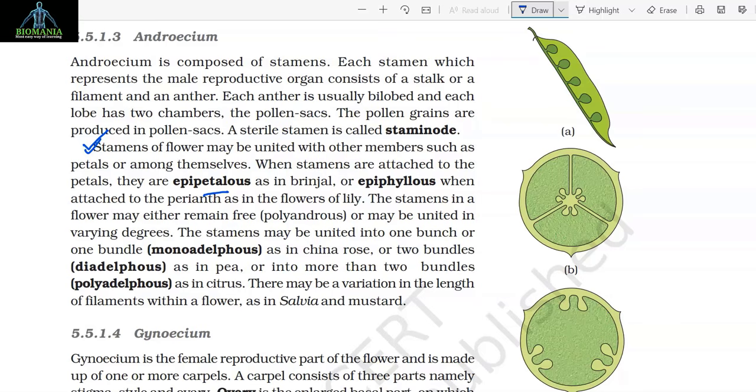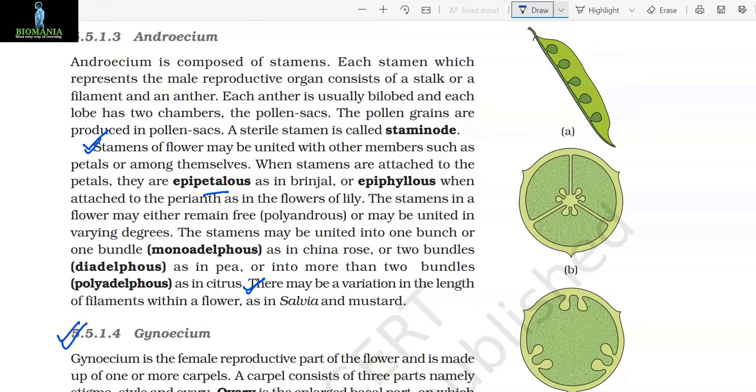The stamens may be united into one bunch or one bundle, that is monadelphous, as in China rose, or 2 bundles, that is diadelphous, as in pea, or into more than 2 bundles, that is polyadelphous, as in citrus. There may be a variation in the length of filaments within a flower, as in salvia and mustard.